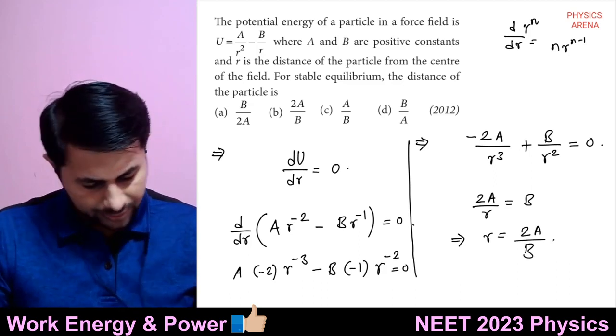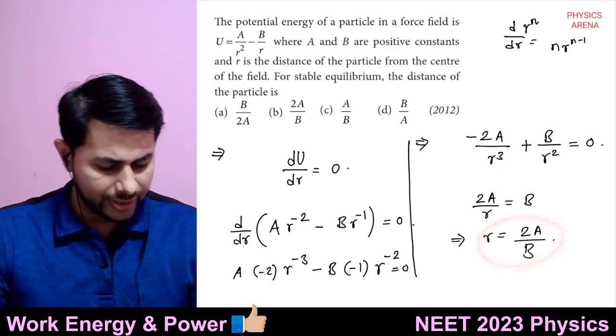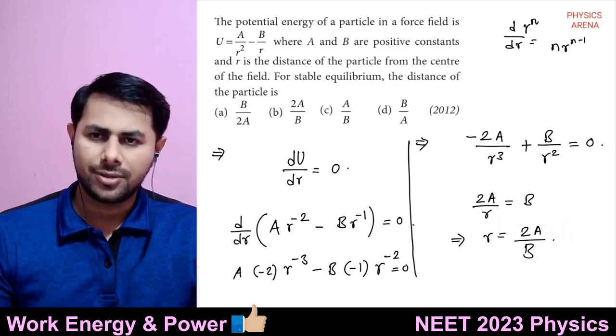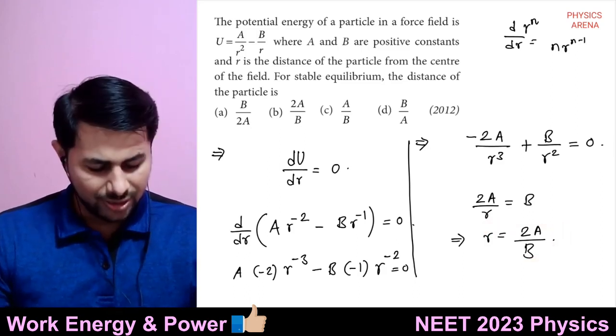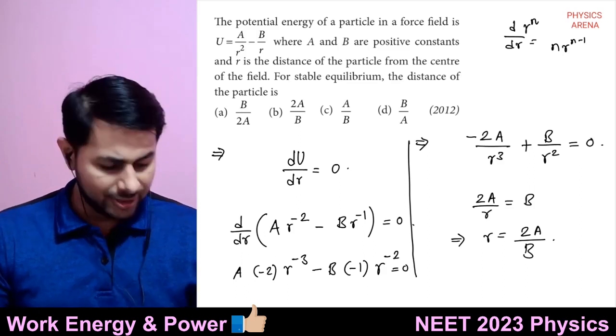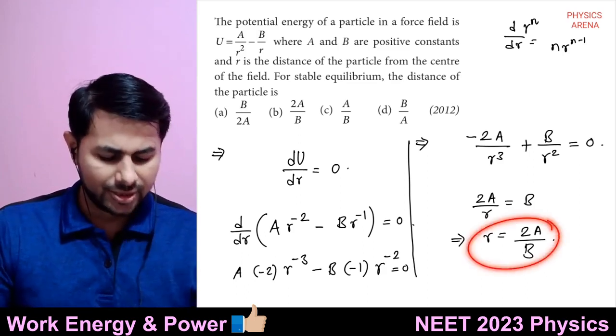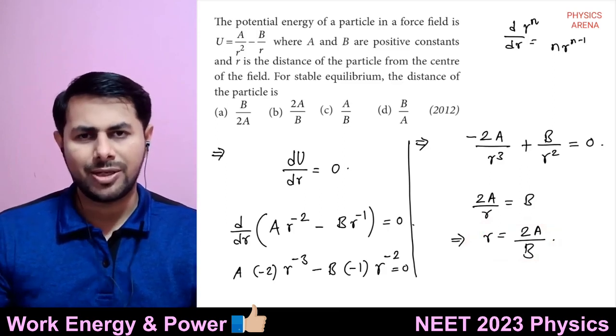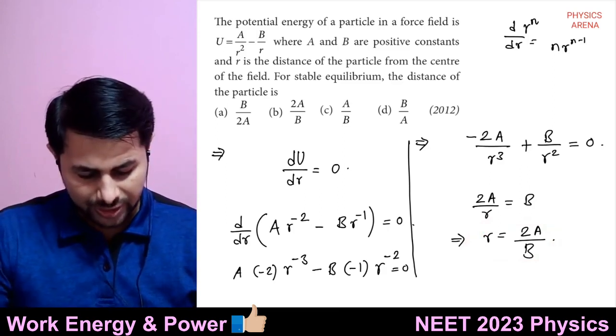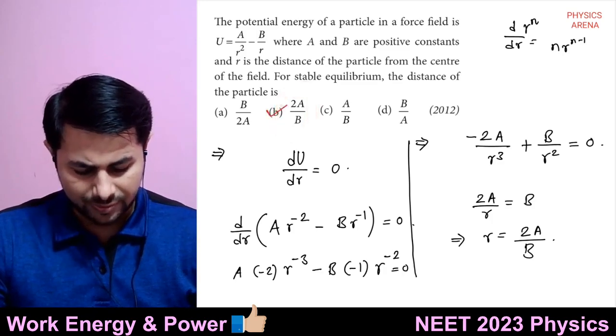So this is the point at which the derivative of potential energy with respect to r is 0. That means you will have equilibrium at this point, and the force will be equal to 0. So which is the answer? Option B is the answer.